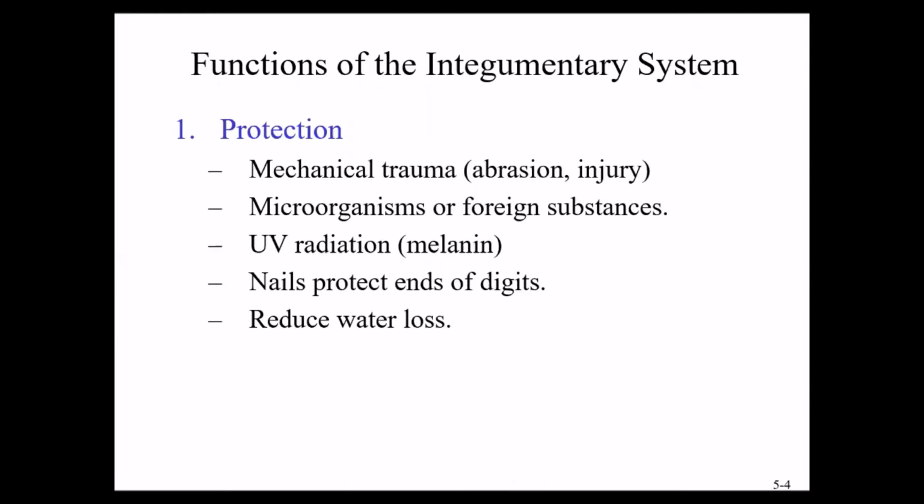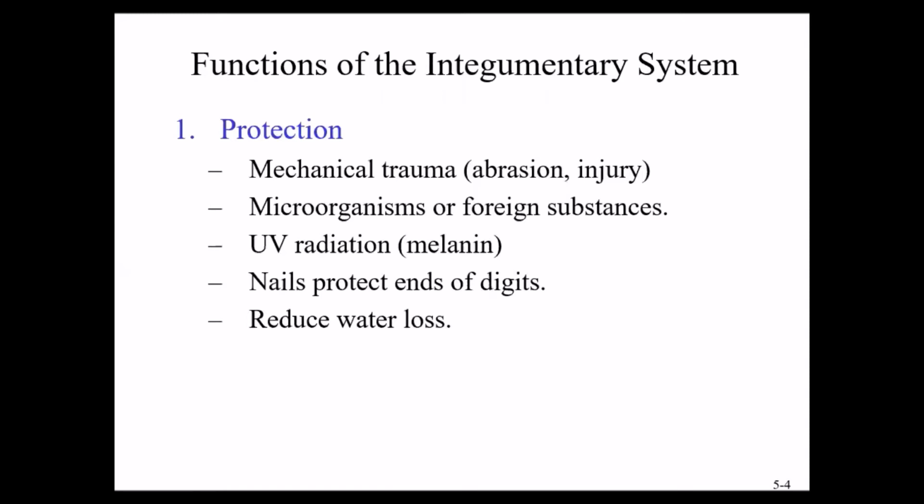It also helps you to protect the body from UV radiation to some extent anyway. You have a pigment that we'll talk about called melanin. This is produced in the skin, and it helps to try to absorb some of the UV radiation to help protect your body from different types of cancers, skin cancer. Then you have other things like nails that help to protect the ends of your fingers and your toes, or your ends of your digits, and that's also a protective function.